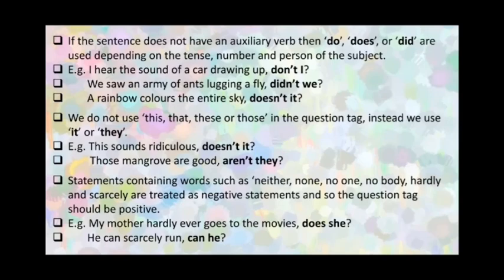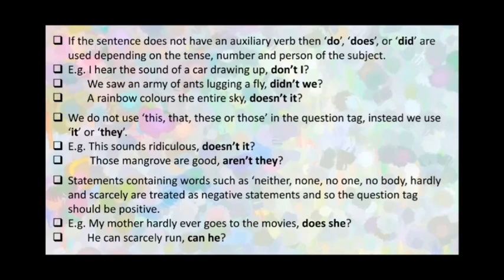Instead of this in the question tag, we have used doesn't it, not doesn't this. Next sentence, those mangroves are good. Instead of those, we have used they: aren't they?